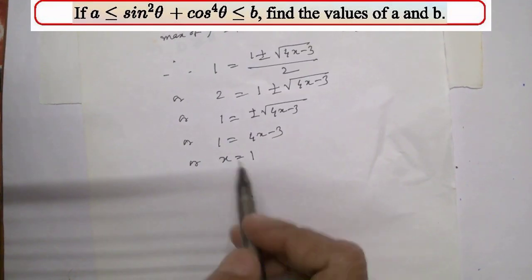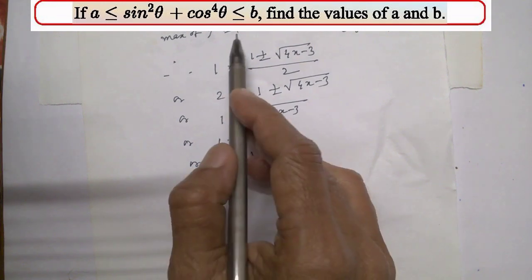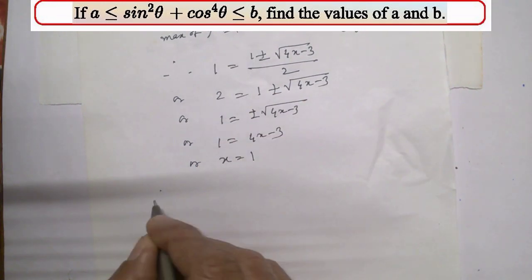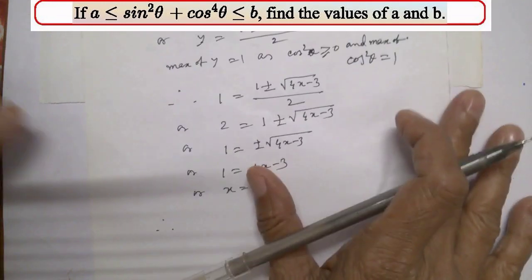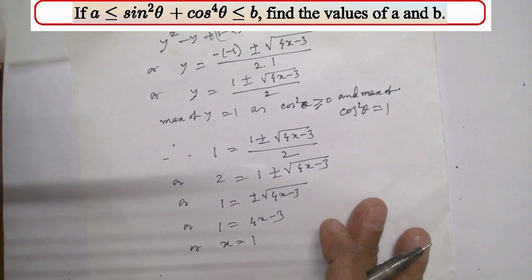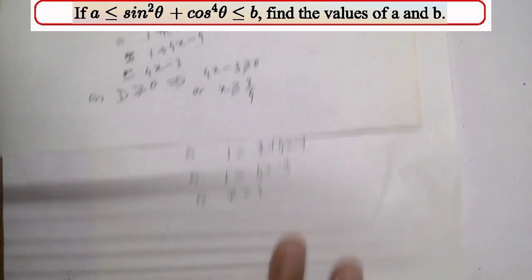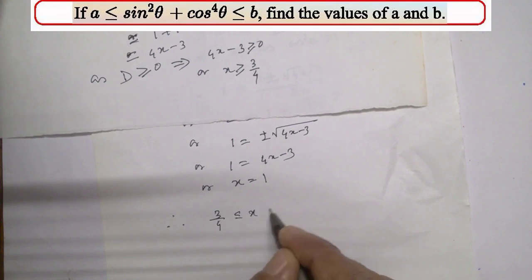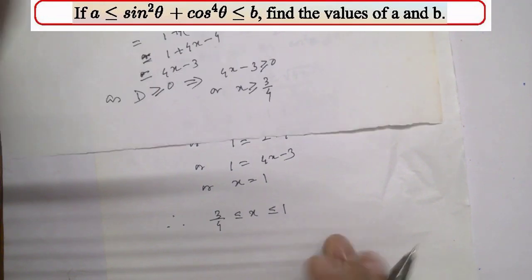So the maximum value of x is 1 when the maximum value of y is equal to 1. Hence we have 3 by 4 less than or equal to x less than or equal to 1.